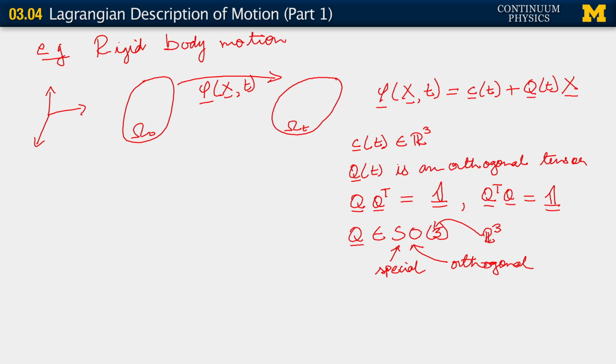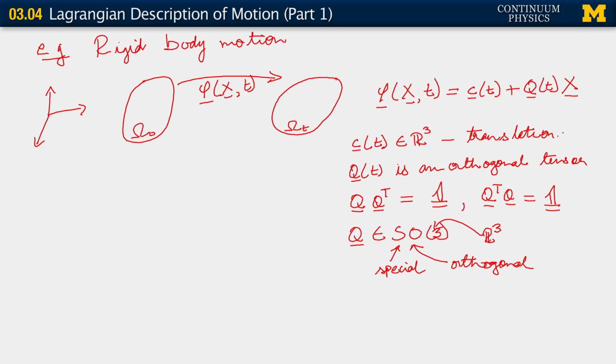So Q belongs to SO3. When we put things together in this manner, we have a general representation for rigid body motions. And I should also probably mention here that c belonging to R3 is a translation.